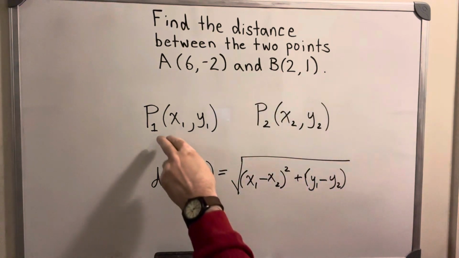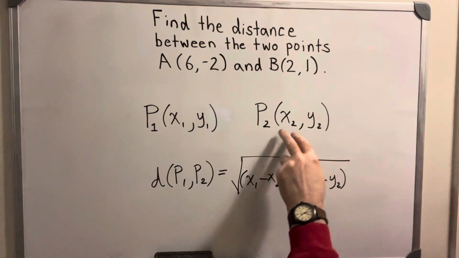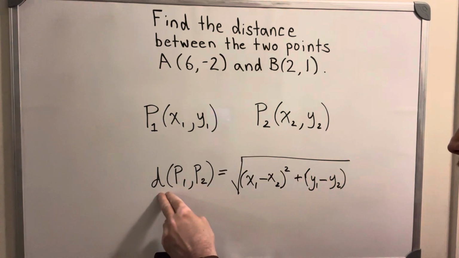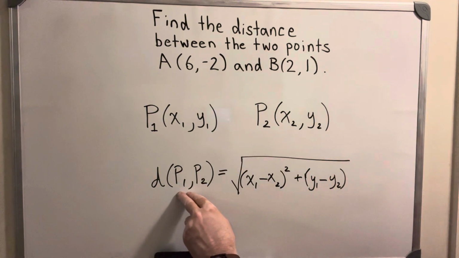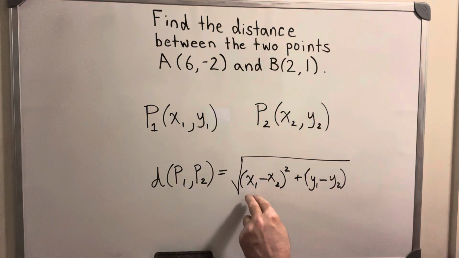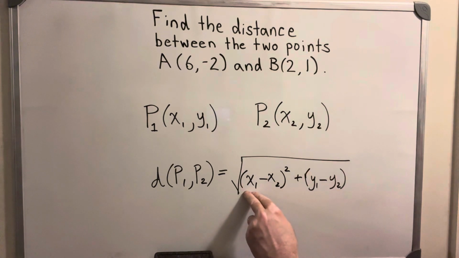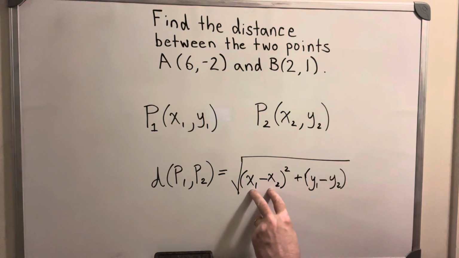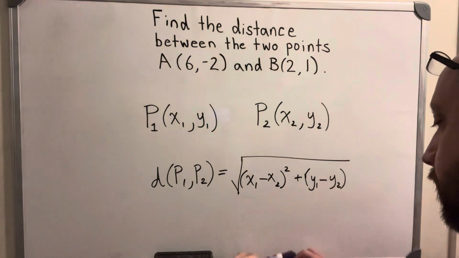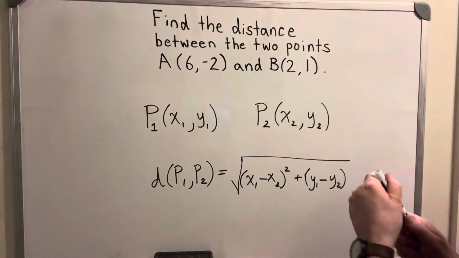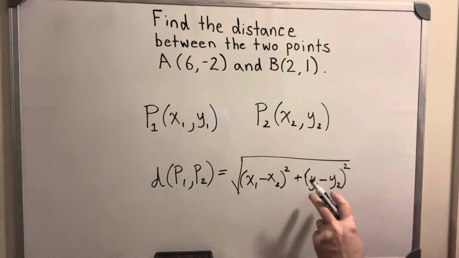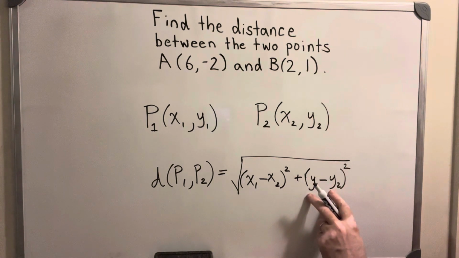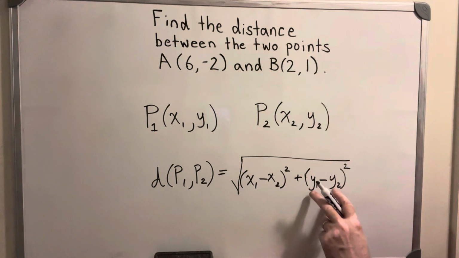So for any 2 points, the formula for the distance between those 2 points, which you can do by graphing them and looking at it as a Pythagorean theorem problem, the distance will be the square root of the square of the distance in x values between the 2 points plus the square of the difference in y values of the 2 points.